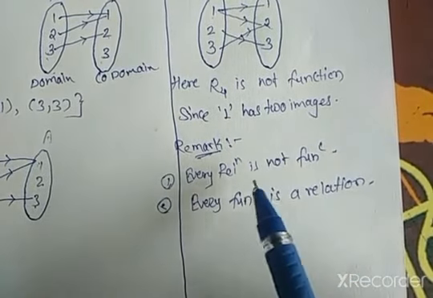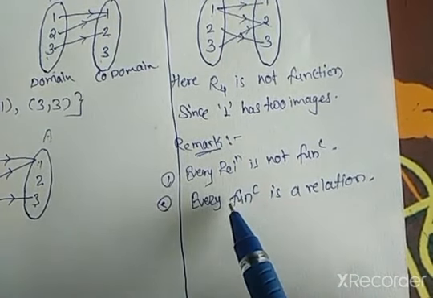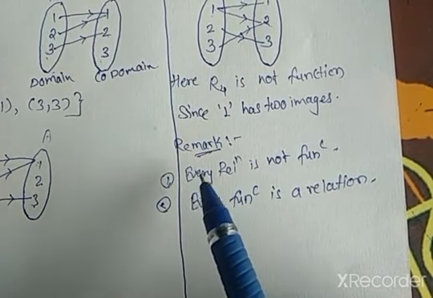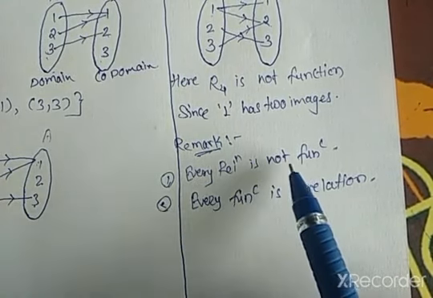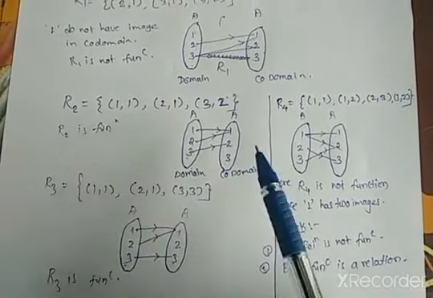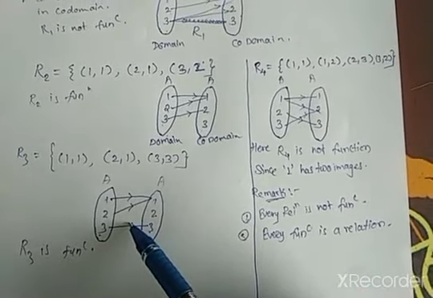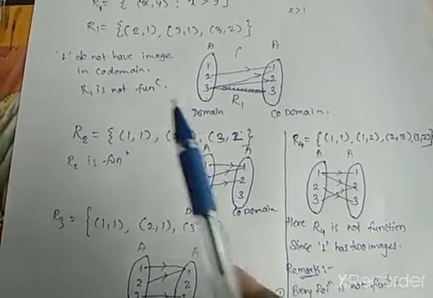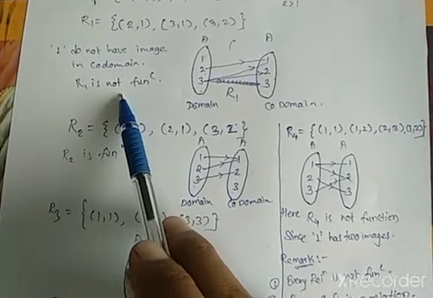These are important remarks. Here R1, R2, R3, R4 are relations, but R2 is a function, R3 is a function, R4 is not a function, and R1 is also not a function.